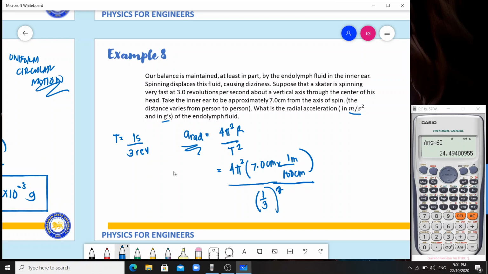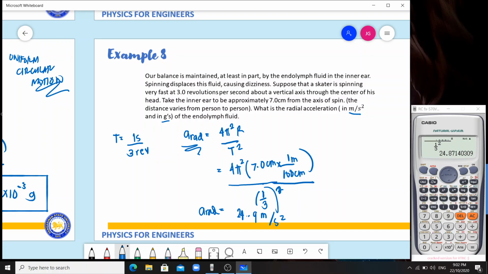So, our A rad is 4 pi squared times 7 over 100 over 1/3 squared. So, the answer is 24.9 meter per second squared.